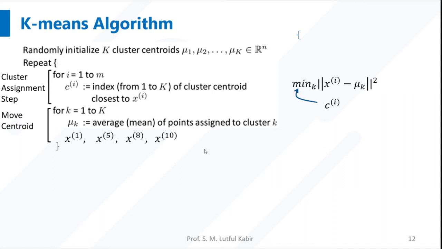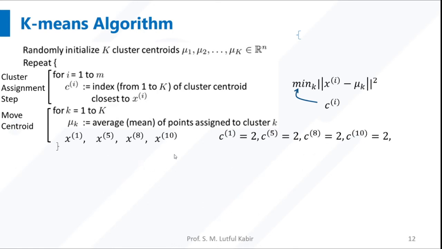So we'll just take an average of these four to get the new mu. Since x1, x5, x8 and x10 are associated with the same cluster 2, C1 will be 2, C5 will be 2, C8 equal to 2 and C10 equal to 2.